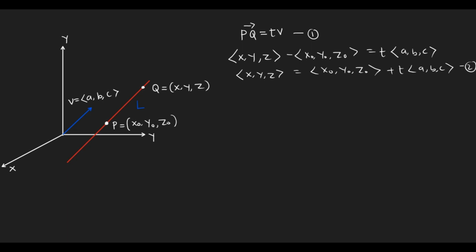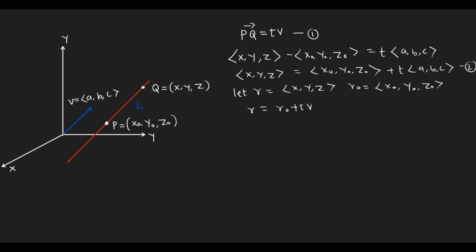I'll let r be equal to x, y, and z, and I'll let r naught be equal to x naught, y naught, z naught. Let's do the substitution. Equation 2 becomes r equals r naught plus t multiplying v.